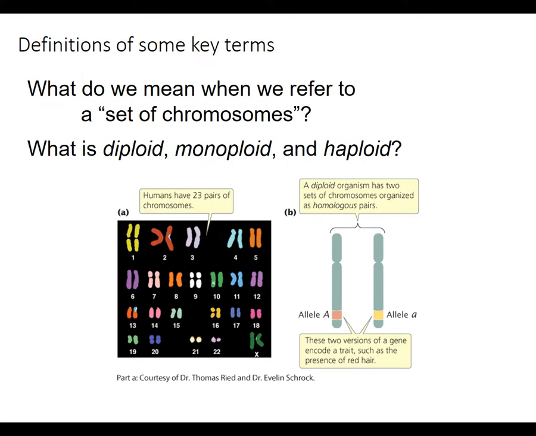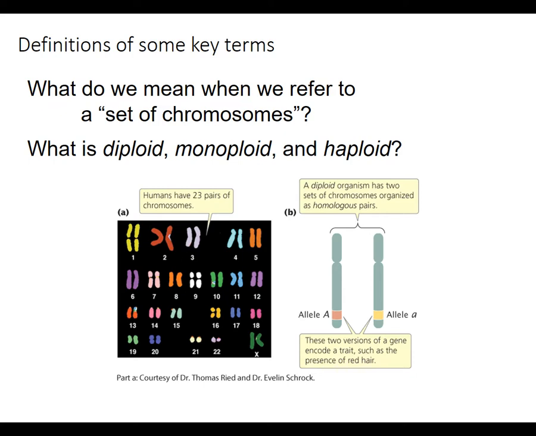So 1 copy of chromosome 1 and 1 copy of chromosome 2 and 1 copy of chromosome 3 and 1 copy of chromosome 4, etc., all the way up to chromosome 22 and then 1 of the X chromosomes in this image. All of those would make up 1 full set.